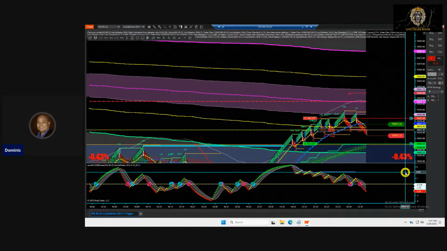Now we'll see a bounce. Well, if it gets to 233, we'll see a bounce off.